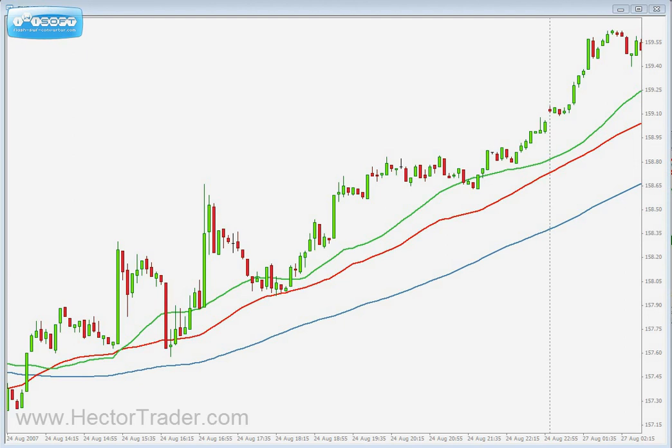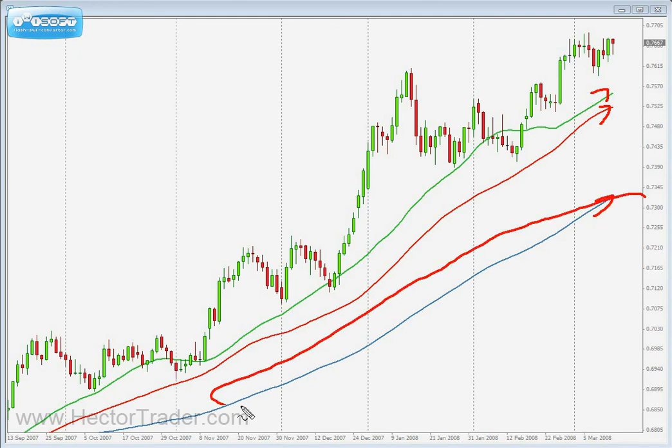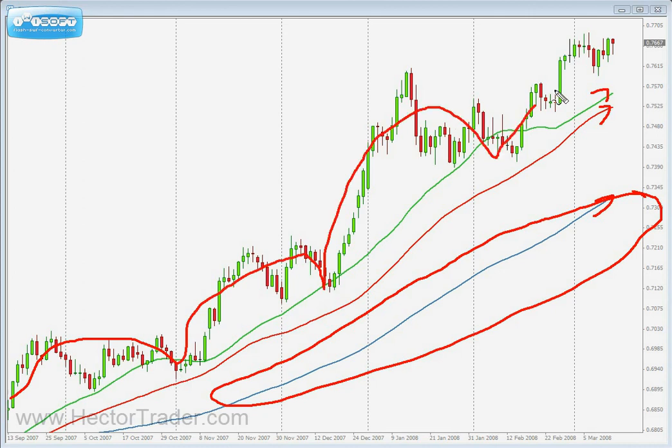Let me now show you a daily chart. In this case it is the euro against the GBP, the sterling pound, on the daily time frame, okay, a long-term perspective. The chart goes back about half a year, even 7 months actually, and as we can see, the moving averages are pointing up, all of them in order, price nowhere near the 100, the price harmonically swinging off the dynamic area of support, since we are in an uptrend.